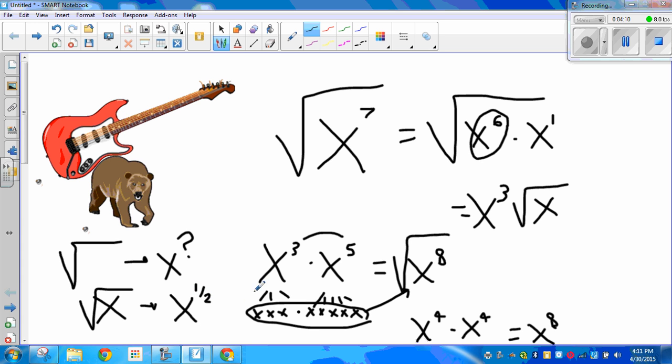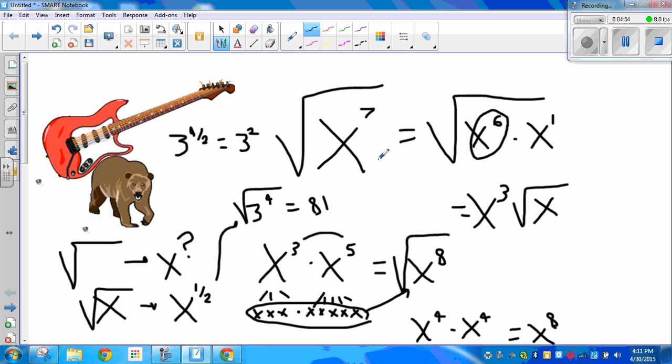A real world example: if I have 3 to the 4th power, that's 3 times 3 times 3 times 3, which happens to be 81. If I square root that, I should get 3 squared. That's the same thing as saying 3 to the 4th divided by 2, and 4 over 2 is 2, so it's just 3 squared.